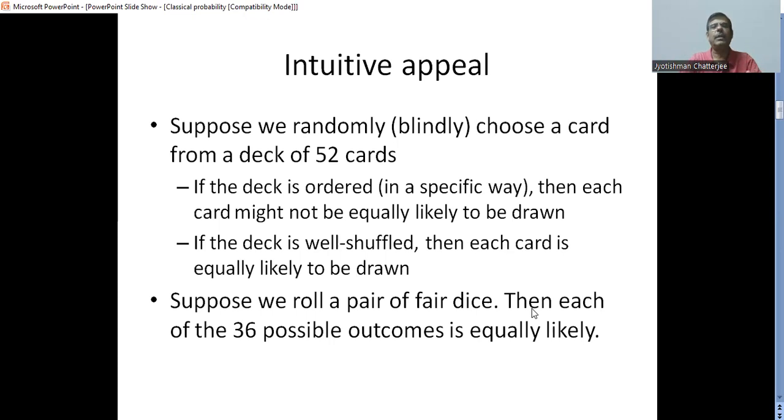The sample space has 36 sample points, which gives all the combinations of possibilities like 1,1, 1,2, and so on up to 6,6. Now, because both the dice are fair, each of the 36 sample points is equally likely.